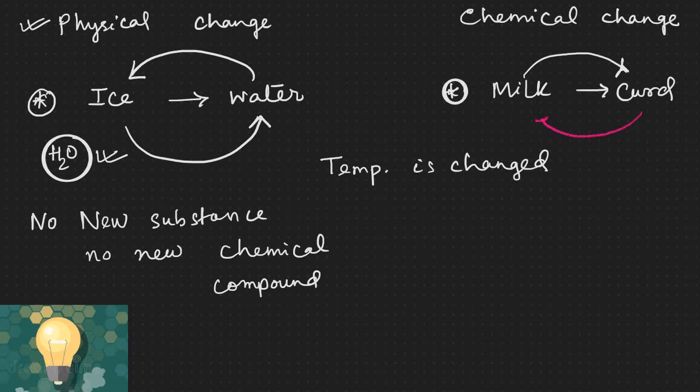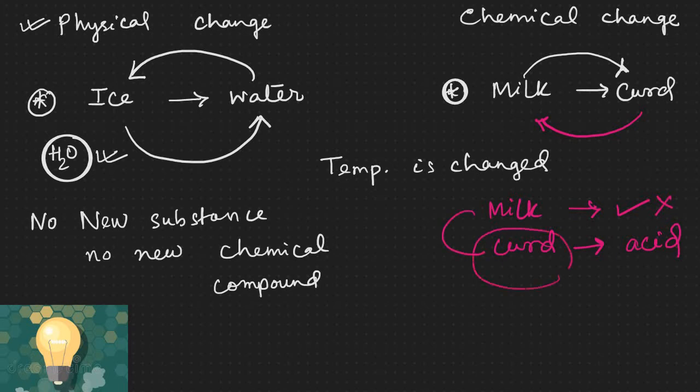When we try to change the curd into milk, it won't happen, because the chemical formula for milk is different and the chemical formula for curd is totally different, because it is some kind of acid, whereas the milk is not. So what is happening here? A new product is being formed in form of curd. Okay, it is a new product.